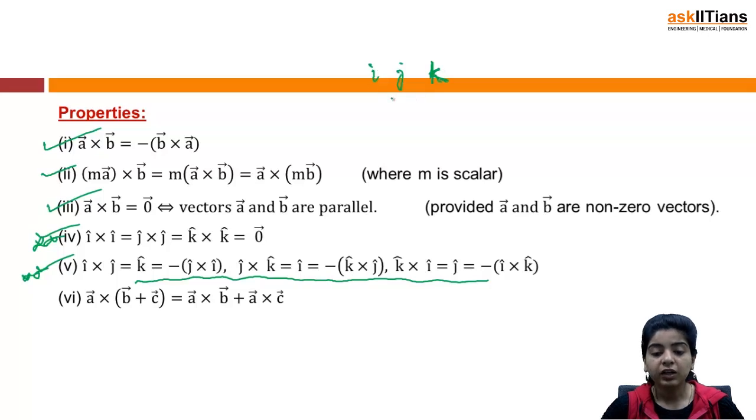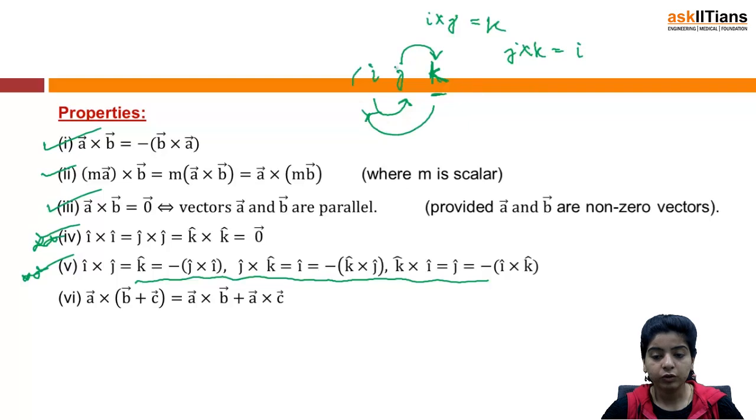That means if you are taking the cross product of i and j, I write down i cross j, that will be k, we are going this way. Then if I take the cross product of j and k, that will be i, and if you are taking the cross product of k cross i, that will be j.